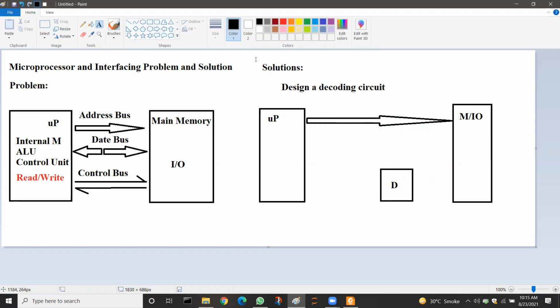We use the address bus to activate this decoding circuit, and then this decoding circuit will enable the particular location or particular IC. And similarly, it will generate some control signals.